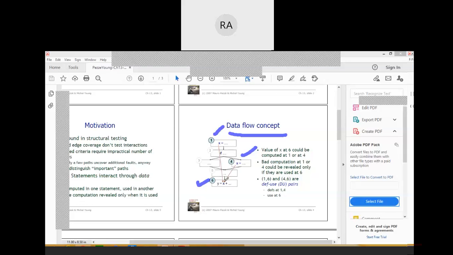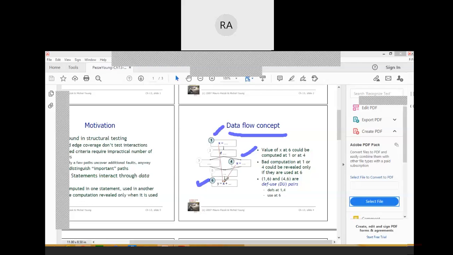You should be very clear with this particular concept, definition and use. One simple thing that you have to remember is that you shouldn't have any node in between which kills the previously defined value of any particular variable. Then only a DU pair can be formed.